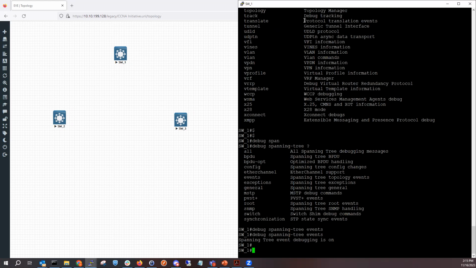The reason being, the debugging feature utilizes the CPU, and the entire box, all of its functions, relies on the CPU.